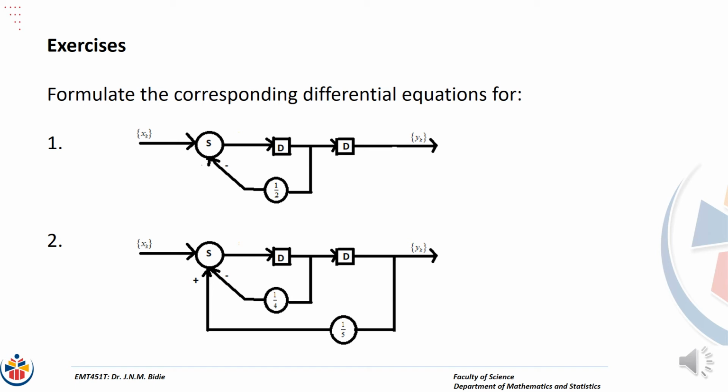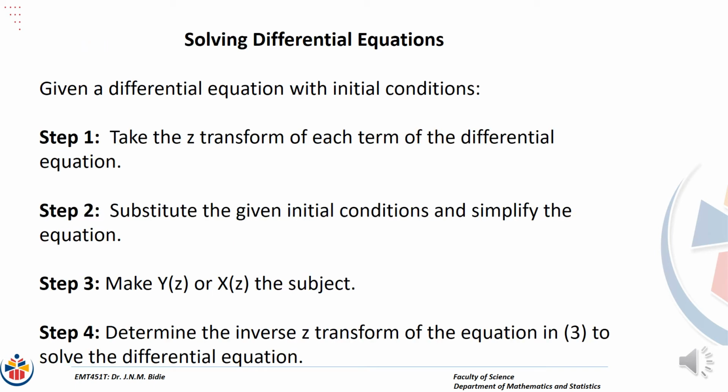Know that every time you get a system of this nature, do the labeling and then work it out. We solve the differential equation. The first thing we do, take Z transforms for each term.